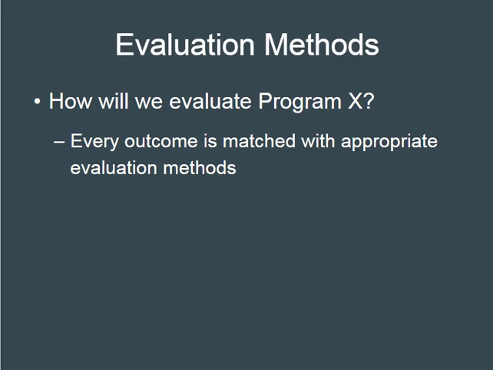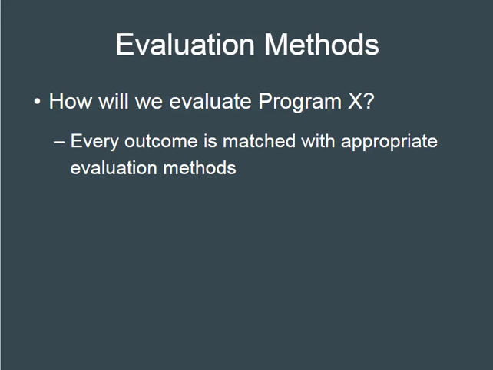So we've got our outcomes, then we need to think through how to evaluate them. This is critical. I think this is where some folks get tripped up when thinking through the assessment process and planning assessment efforts for whatever level they're working at.